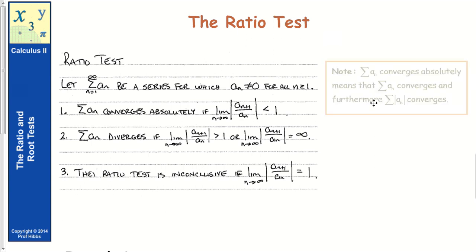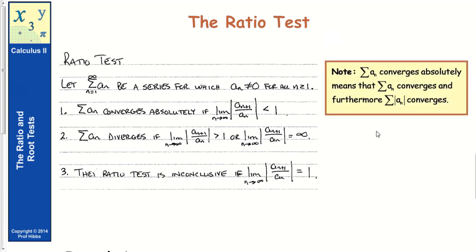So let's quickly discuss the idea of converges absolutely. We take a general series. That series is said to converge absolutely if two things happen: the series itself converges and the series of absolute values of the terms converges.